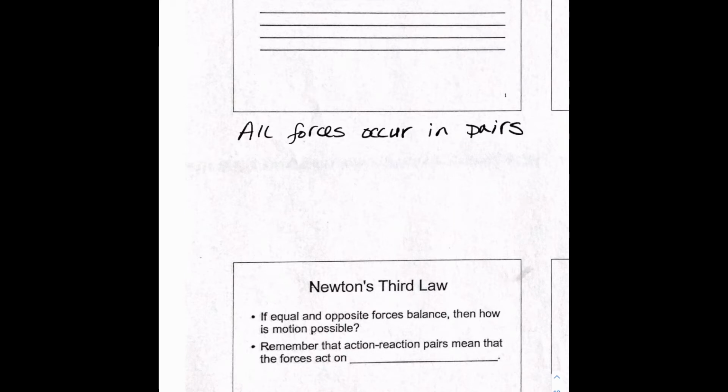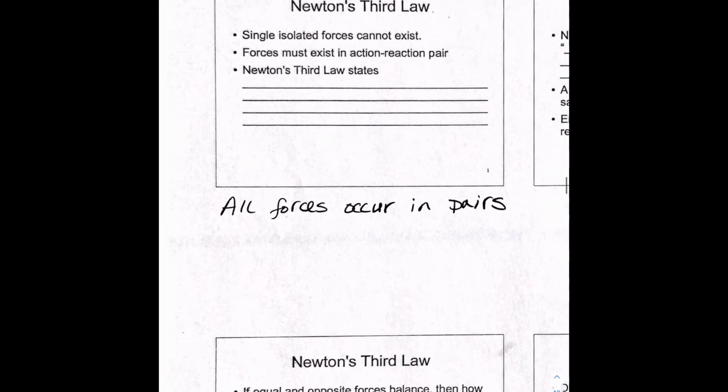So that's interesting to think about. Every force that happens has an equal and opposite force in the universe. All right, so we're saying that single isolated forces cannot exist. Forces must exist in an action-reaction pair.